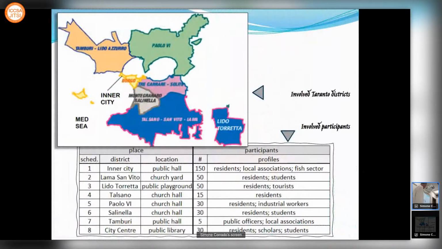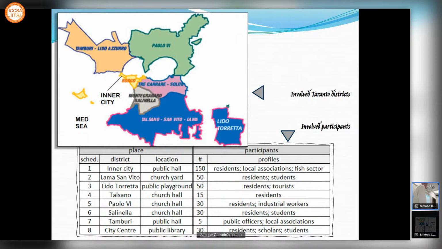This is the perimeter of the town. These are districts of Taranto. And for each district, we actually try to collect people to build this knowledge.